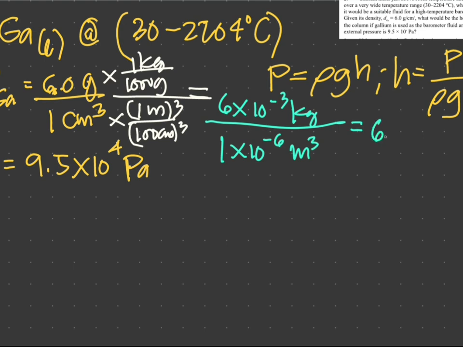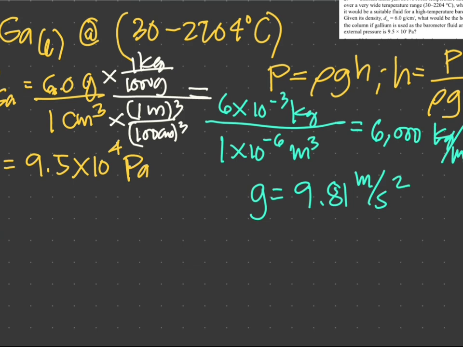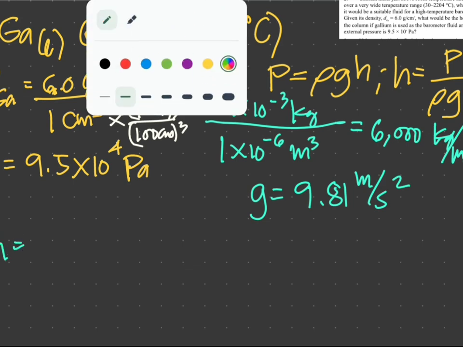Okay, so this is 6,000 kilograms per cubic meter. Then we can solve for the height. And also the acceleration due to gravity is 9.81 meter per second squared. So now we can solve for the height. We just plug in everything.